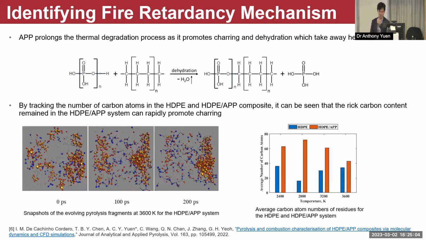And then we replicate the same process and benchmark the carbon atoms for HDPE and HDPE/APP. You can see the number of carbonaceous atoms remaining in the system for the APP version is way more than the HDPE, and that's a sign that more charring occurs in the HDPE/APP system.